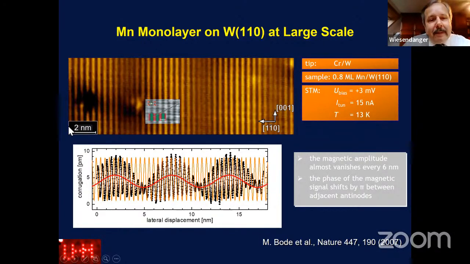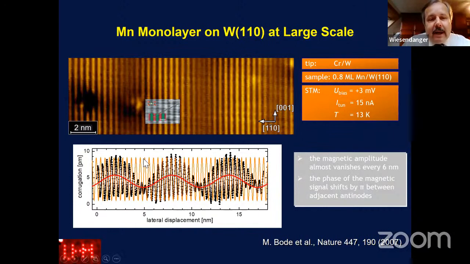Here you see a spin-polarized STM image on a very small scale. If you look at this image, you see a kind of beading pattern. It becomes clear if you draw a line section across: with black data points you see a typical beading pattern resulting from the superposition of two spatial frequencies.